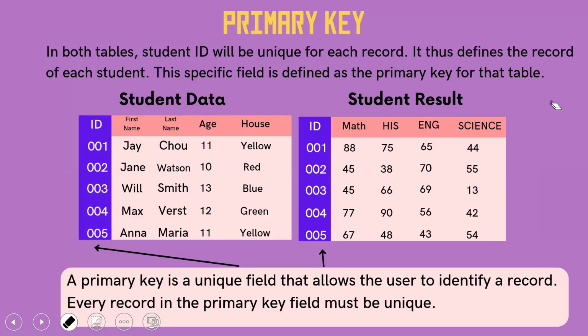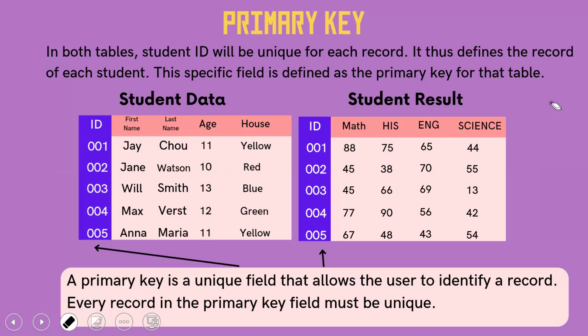Number two, can you find the primary key in my table? Number three, why are some of the columns or fields not used as the primary key? So these three questions are very common.